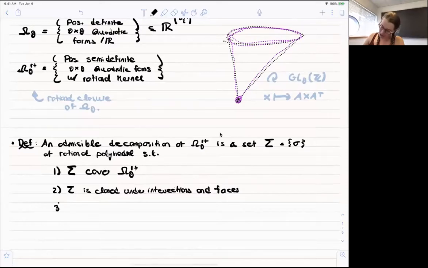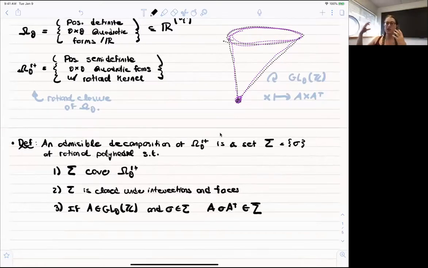So the next condition is that given an element A of GL_g(Z) and a cone sigma in my set, A sigma A transpose is also in Sigma. So GL_g(Z) doesn't have to fix each individual cone as a set, but as a collection, it has to fix my collection. And finally, I have to have a finite number of GL_g(Z) orbits. So again, Sigma is going to be infinite, but up to the action of GL_g(Z), there are only finitely many cones.